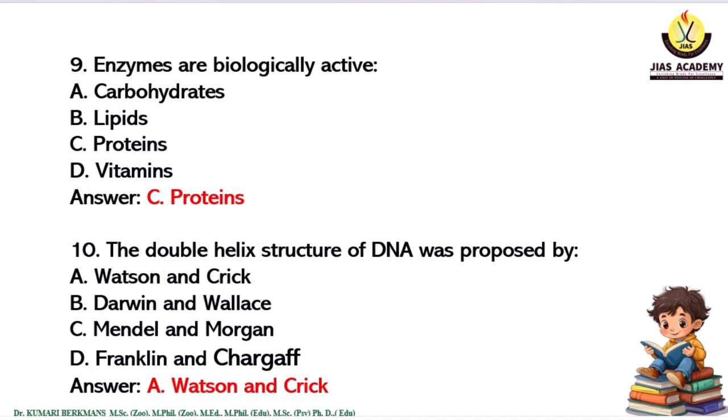It is proteins. Enzymes as well as hormones are made up of proteins. Next question: the double helix structure of DNA was proposed by. Yes, Watson and Crick. Nearly 8 members answered.